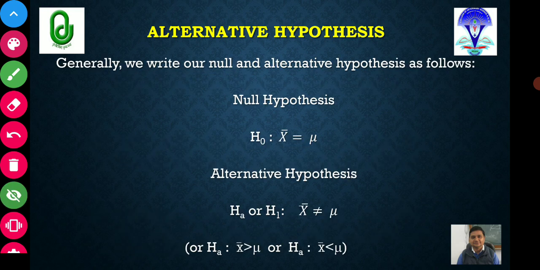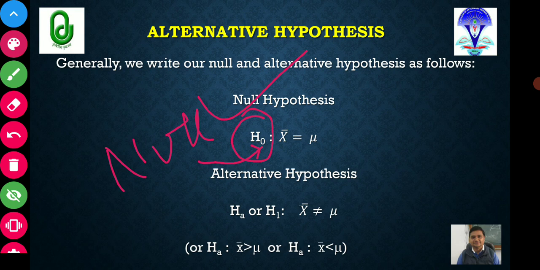Here you can see how we are proposing our hypothesis, how we will be writing our hypothesis. The first is null hypothesis. Null hypothesis is indicated by H naught or H0. Due to this symbol 0 or naught, it is called null hypothesis.